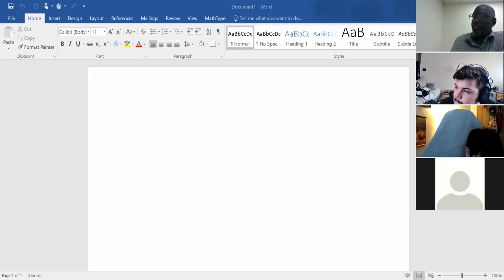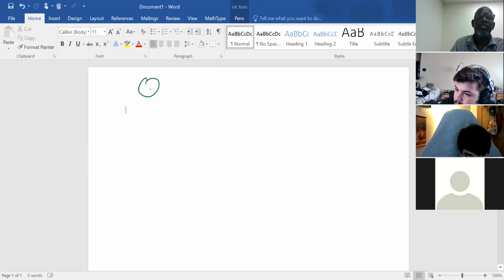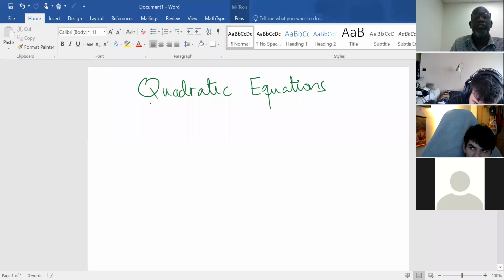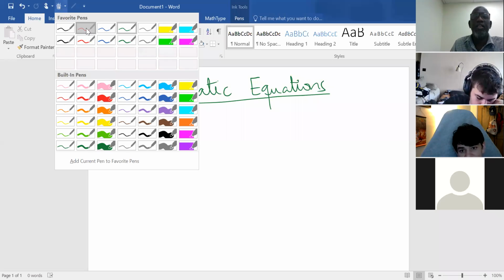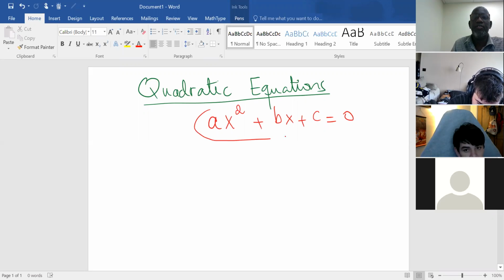That's in the textbook, section 1.4, quadratic equations. In general, a quadratic equation is any equation of the form ax squared plus bx plus c equals 0. This is the general form of a quadratic equation.